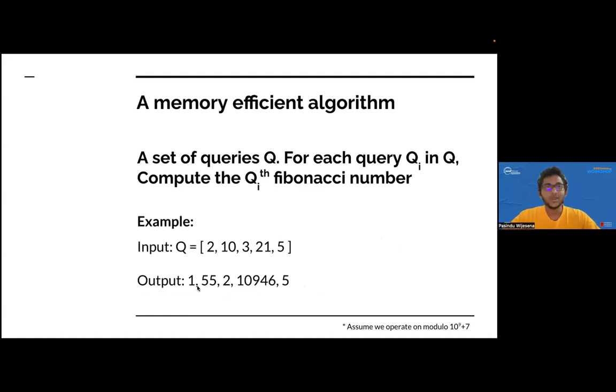So we have to write a program that is going to print the second Fibonacci number, the 10th Fibonacci number, the third Fibonacci number, the 21st Fibonacci number, and the 5th Fibonacci number. This is going to be a single program that prints out these 5 numbers into the standard output.